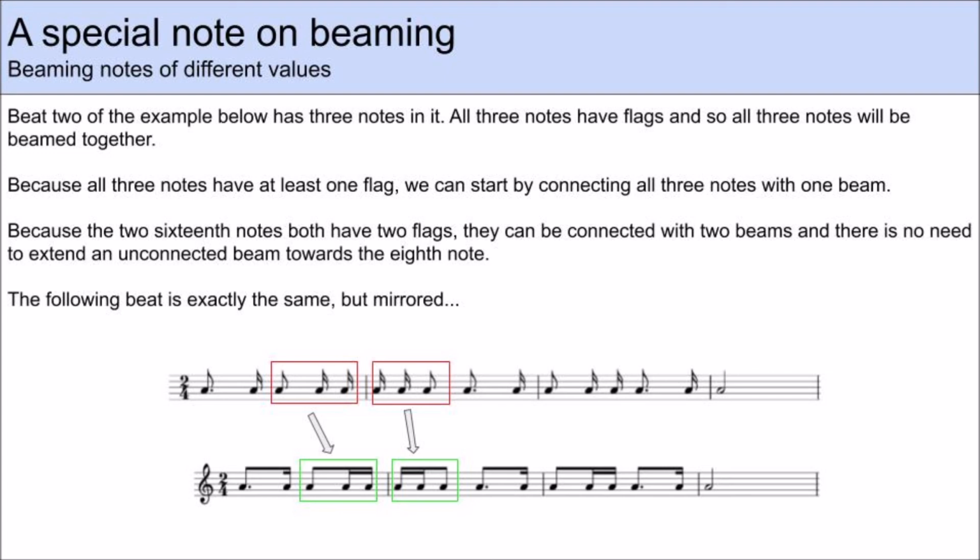Because the two 16th notes both have 2 flags, they can be connected with 2 beams, and there is no need to extend an unconnected beam towards the 8th note. You can see that here with the red box showing what they look like without beams, and the green box showing what they look like when beamed correctly. The following beat is the exact same method, but it is a mirrored version with 2 16th notes followed by an 8th note.